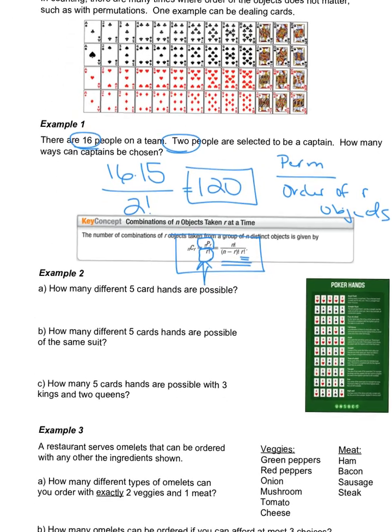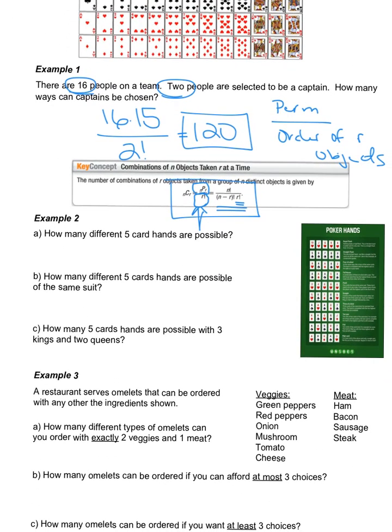All right, so getting into things, looking at how many 5-card hands are possible using a standard deck of cards. Well, if I want to write this out, I know there's 52 cards in my deck. Since I'm looking at playing cards, I'm going to use combinations instead of permutations. Keep in mind we're taking out 5 cards at a time, so I'm going to say 52. A lot of times the word we're going to say is choose with combinations. So I have 52 cards. I'm choosing 5 of them.